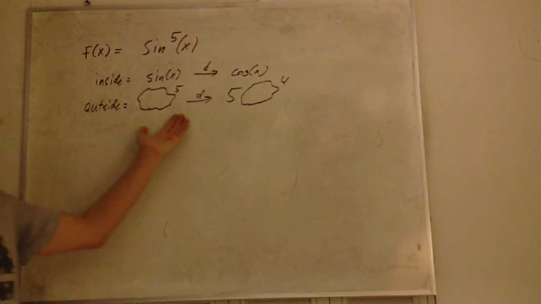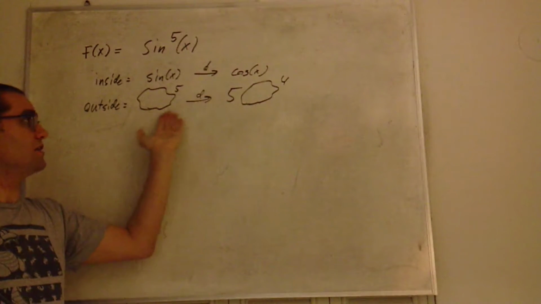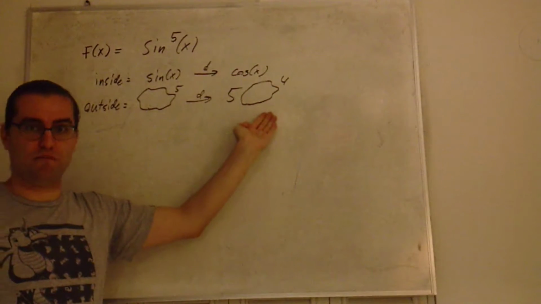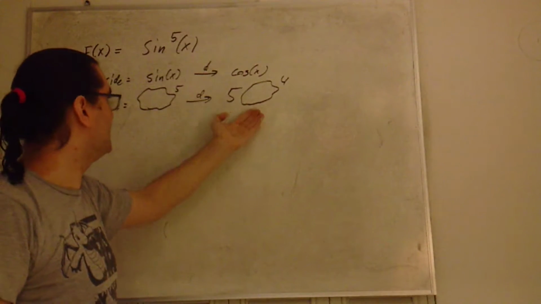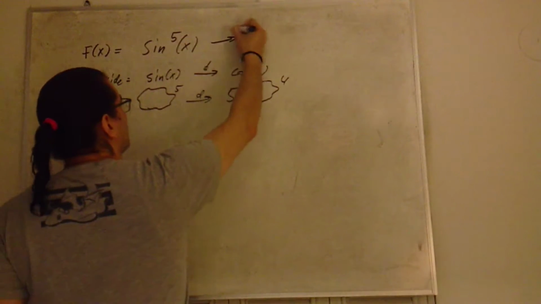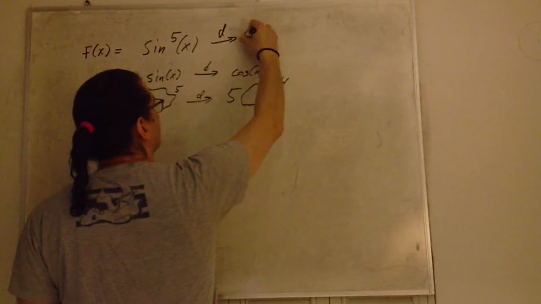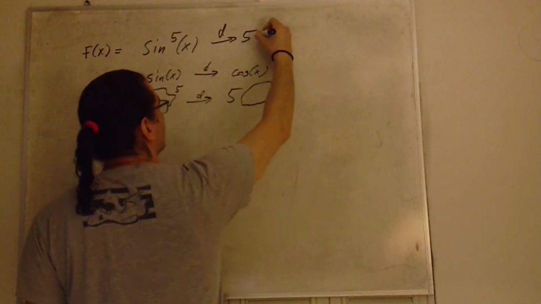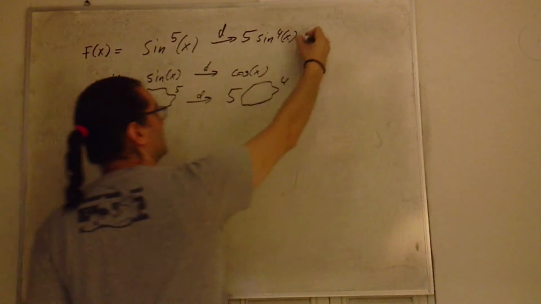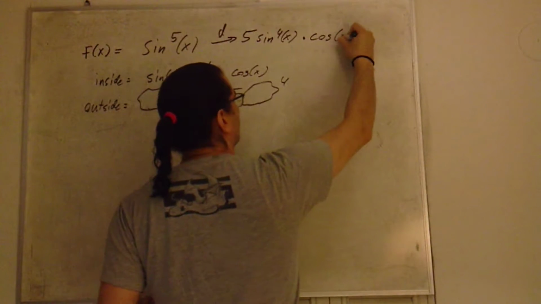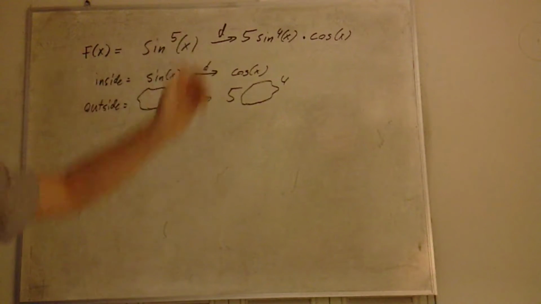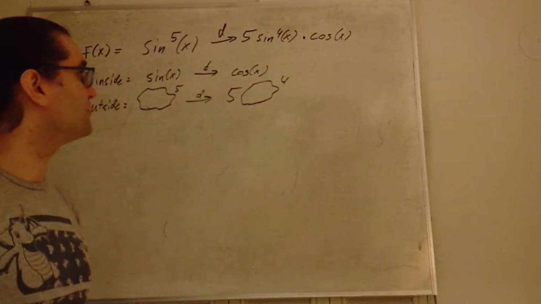And of course, my mantra throughout all of these problems is the blob never changes. So whatever this blob is, this is that same blob. It's not a different blob, it's the same blob. So if this is sine of x, this also has to be sine of x. That means that the derivative of the whole thing is the product of these pieces. 5 sine to the 4th x, that's 5 blobs to the 4th, times cosine x. That's the chain rule, and that is how we do it for derivatives.